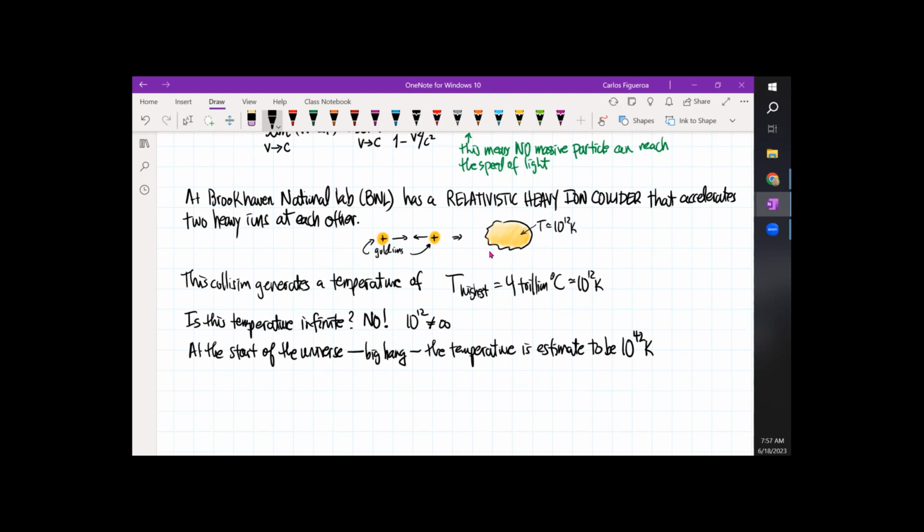So I guess, could I get an infinite temperature limit? No, because if you reached anything that reached 10 to the 42 Kelvin temperature, then you create another universe at that point. So there is an upper limit, I guess. How do you get to that? I don't know.